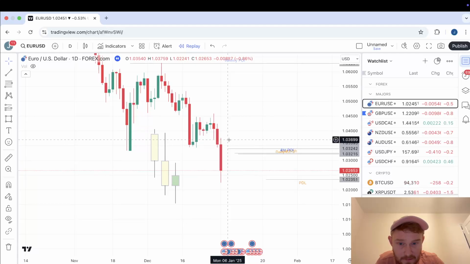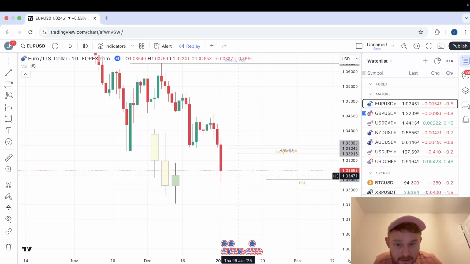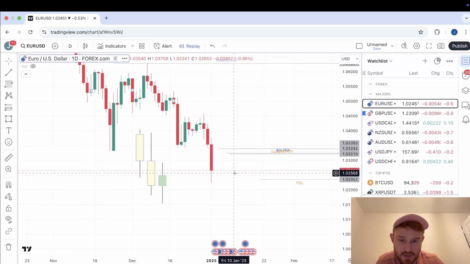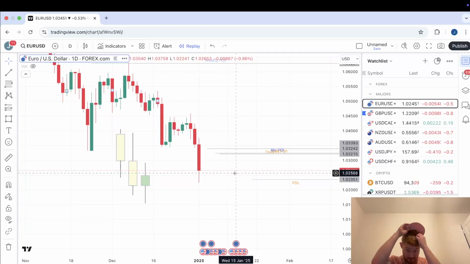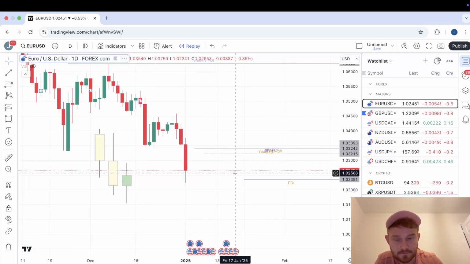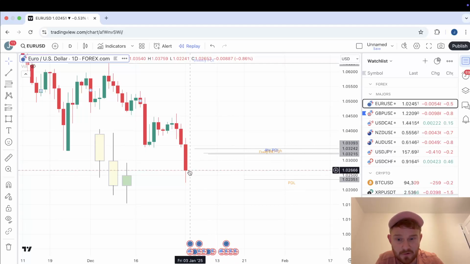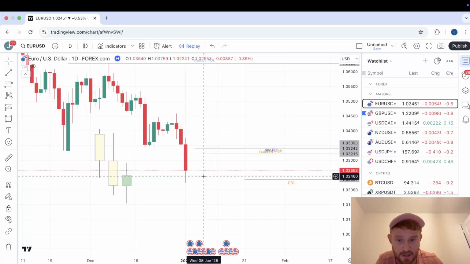Even though price had a little bit of a pullback, it continued down a lot further, and then had this really solid close down here, which is just a further continuation that price is very much bearish. So when we are looking for a candle confirmation trade, this is the sort of sign that we'd want to see, really. We always want to look for a strong close before the low of the day before.